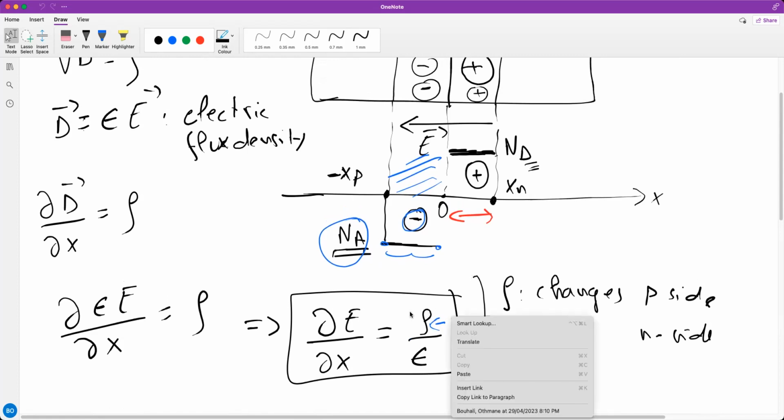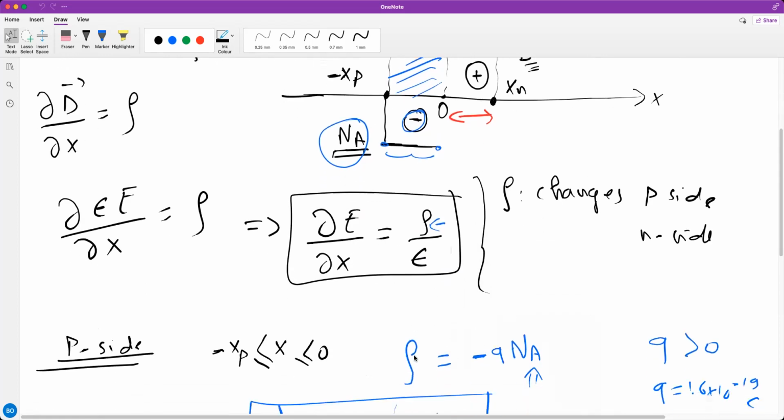Okay, so here, remember we have two sides. We have the P side and we have the N side. So the charge density is different. Now the charge density is the number of charges times the charge of one charge, which is e, the charge of the electron, and then obviously we can divide by epsilon.